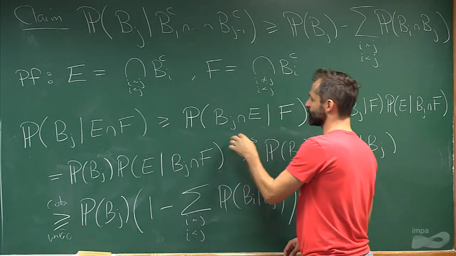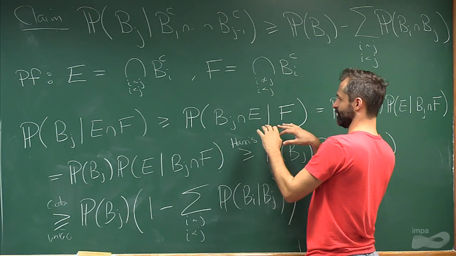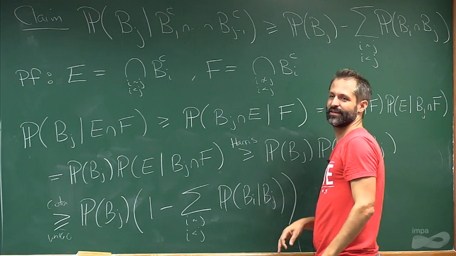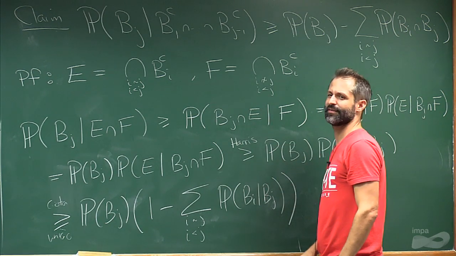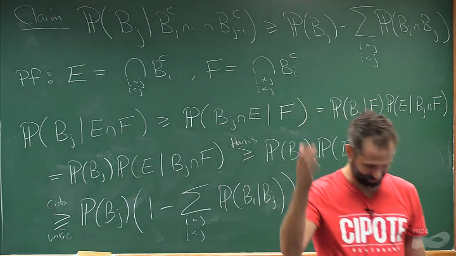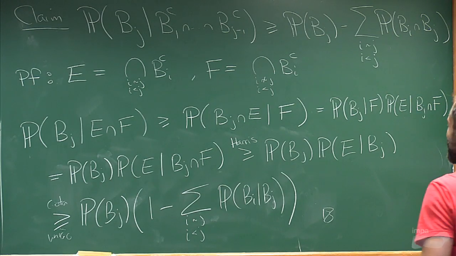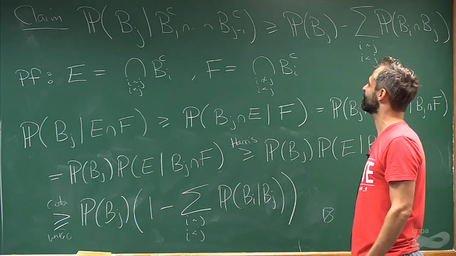So this thing is equal to this times the probability of E given F. So we're throwing away the probability of E given F, which makes no sense at all. I don't even believe it's true. It's just completely insane. There must be a mistake. How can you possibly be allowed to throw away the probability of E given F?